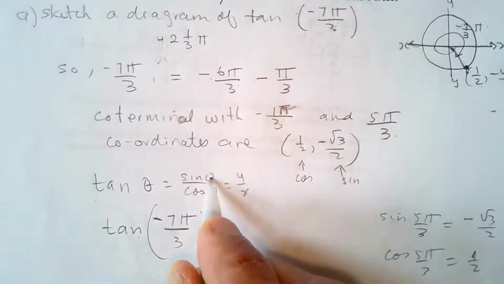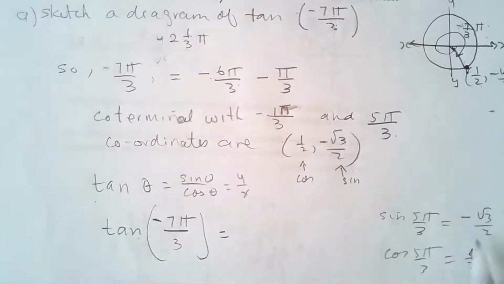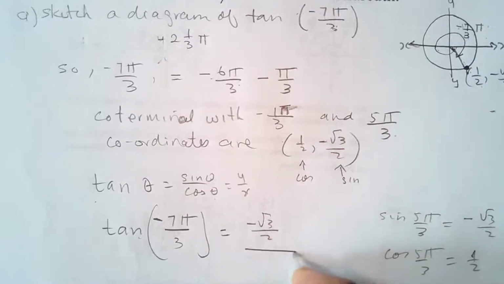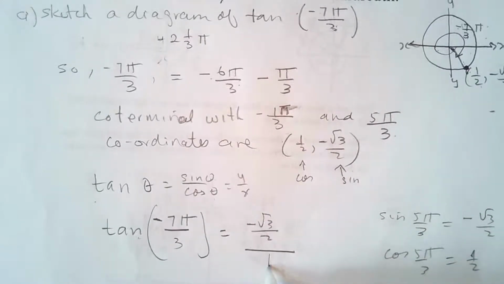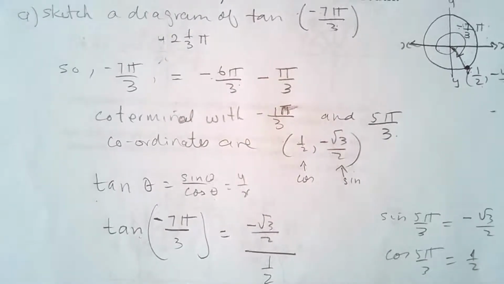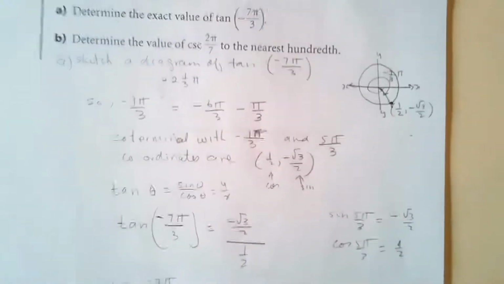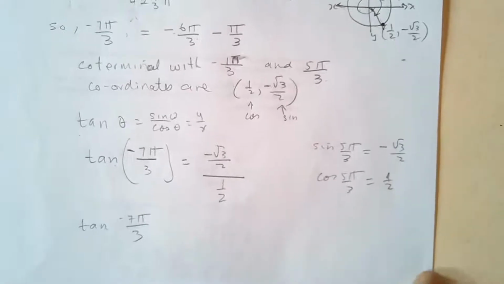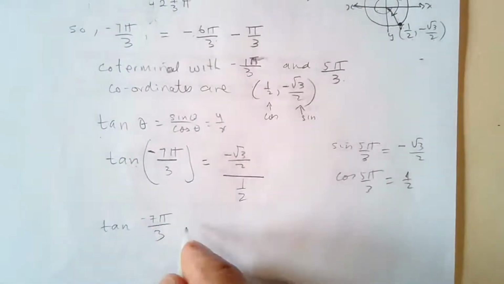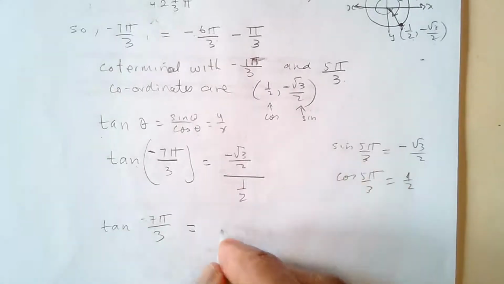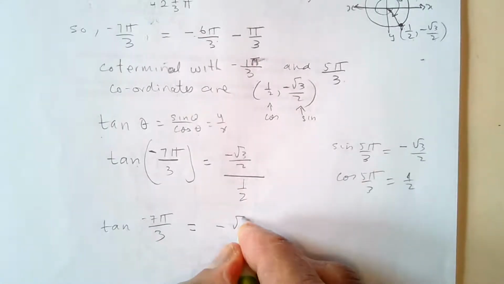So tan is sine over cos, so we can write that as negative √3 over 2 divided by 1/2. Simplify, so tan negative 7 pi over 3 will be equal to, factor all that, negative √3.